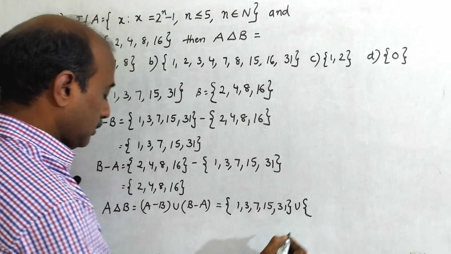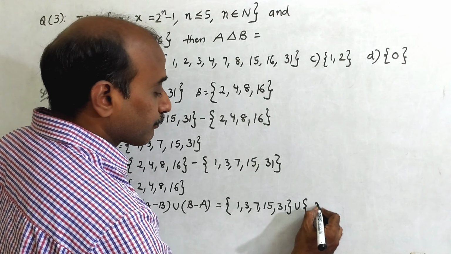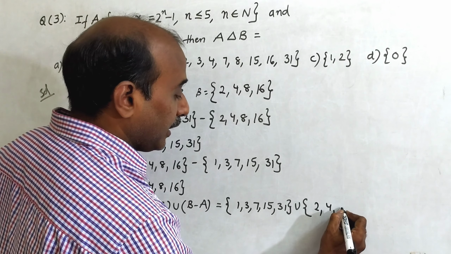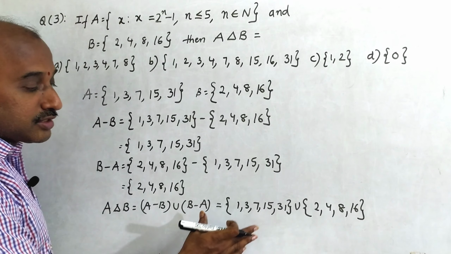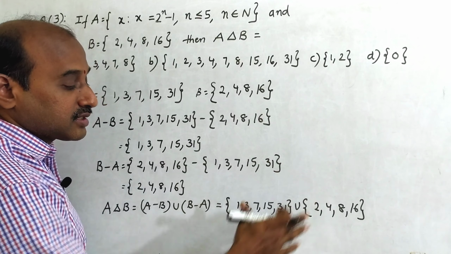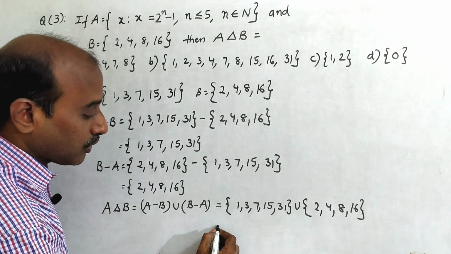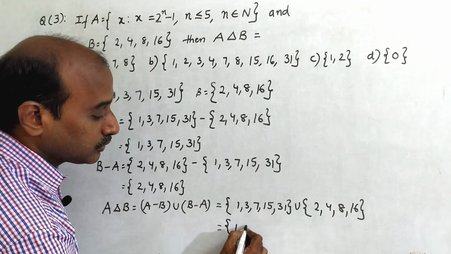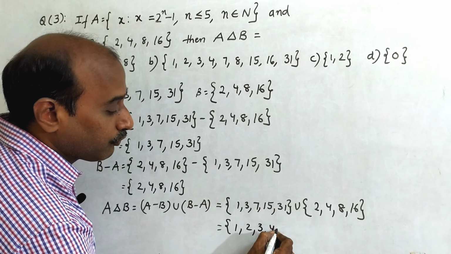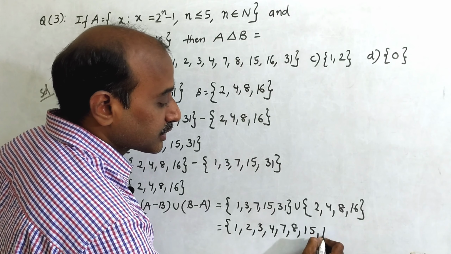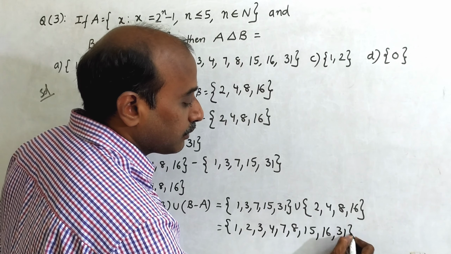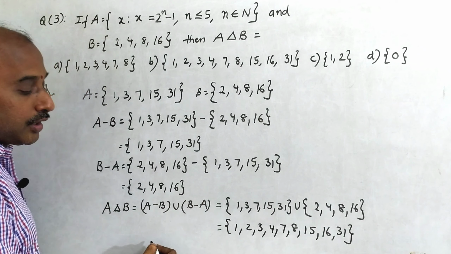Union, what is B minus A? 2, 4, 8, 16. We know union means you have to combine and write all the elements in A and B. So you will get 1, 2, 3, 4, 7, 8, 15, 16, 31. All the elements you will get in the union.